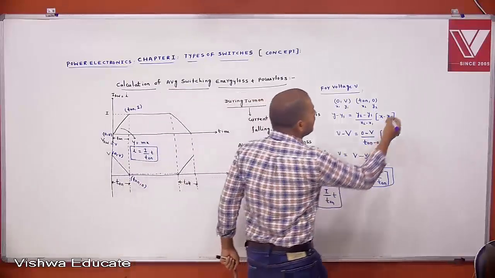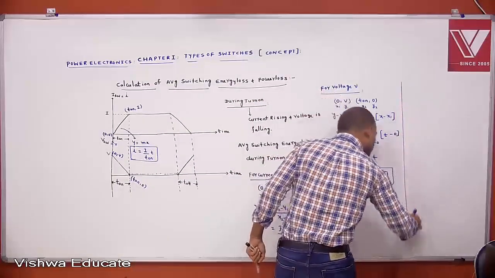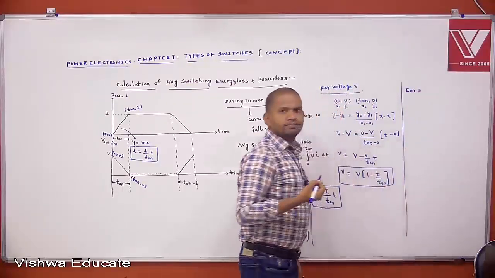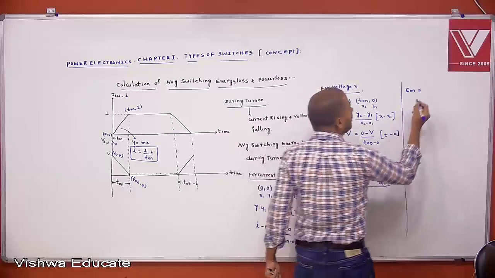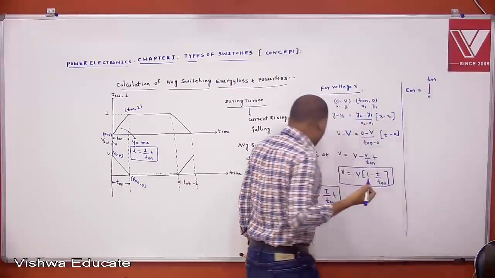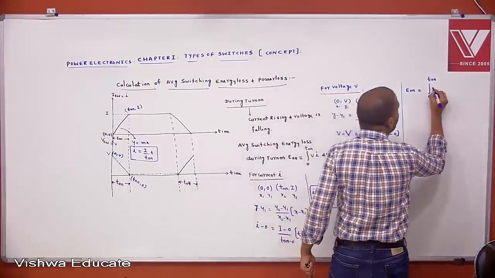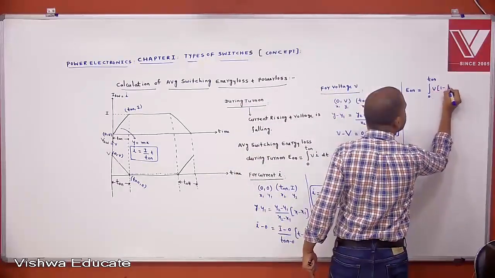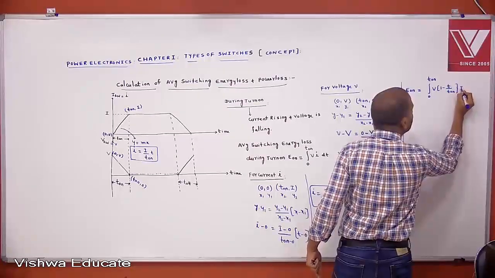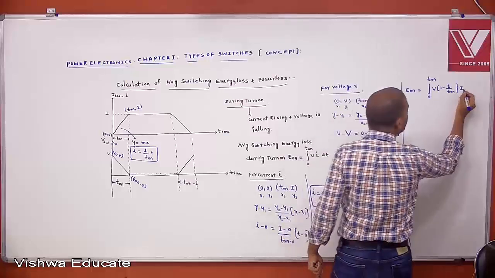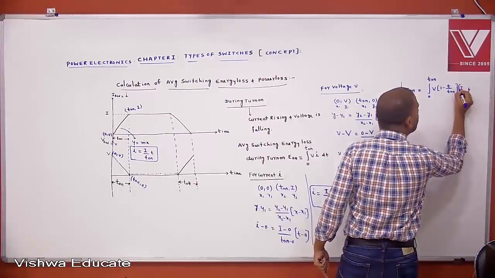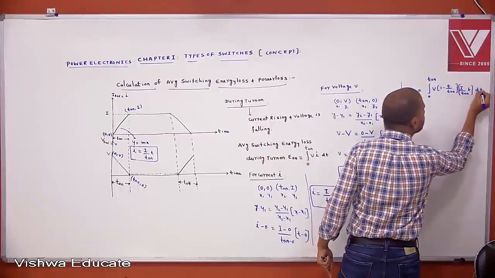Now write the expression for E on: integral 0 to T on of V into 1 minus T by T on, into I by T on into T, dt.